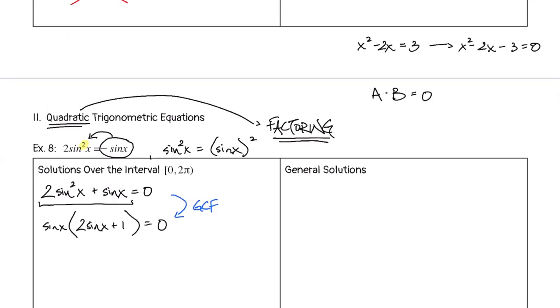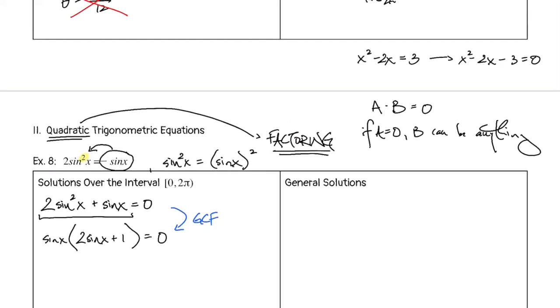What number could B be? 0, okay. And that's true. If A is 0, then B can be anything, right? It doesn't matter as long as A is 0. And we could also flip that, because if B is 0, then A could be anything, right?